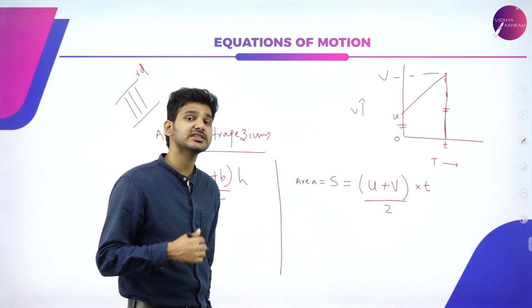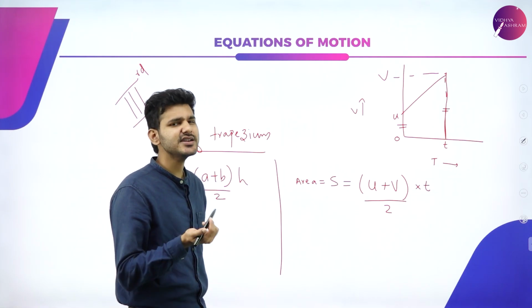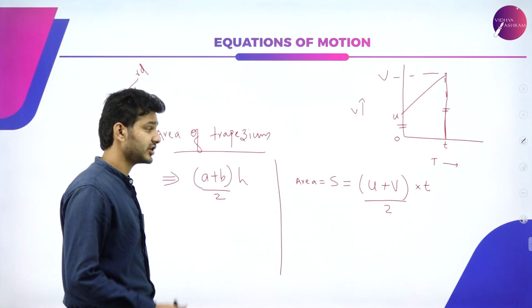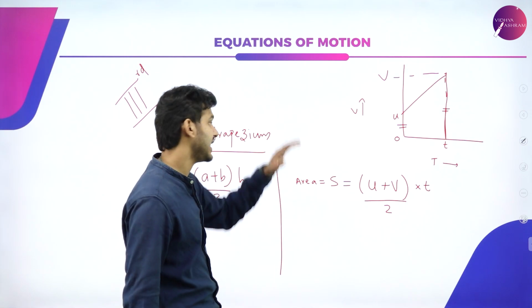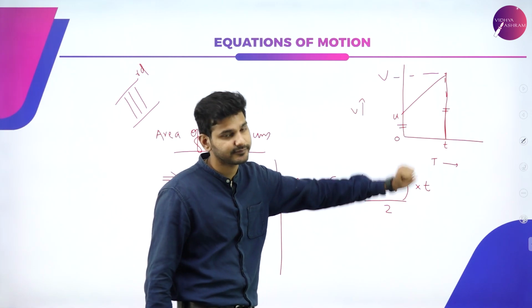So now it is just a matter of simplification and a minor substitution. So it is (u plus v) divided by 2 into t. That will give you displacement, that is the area under that particular graph.